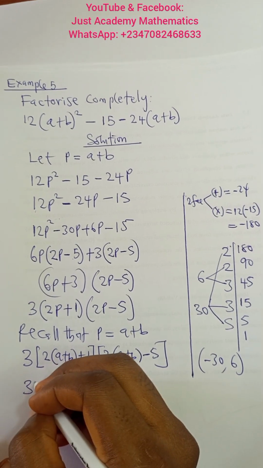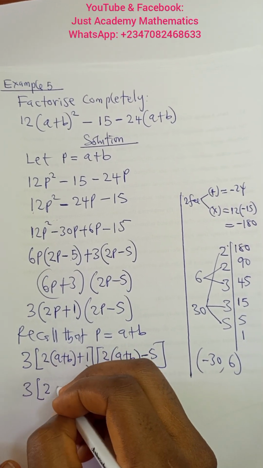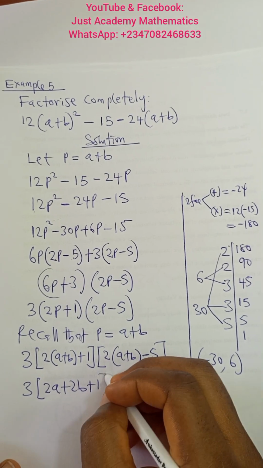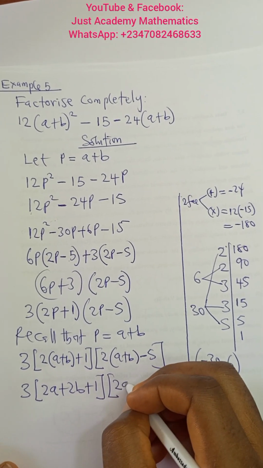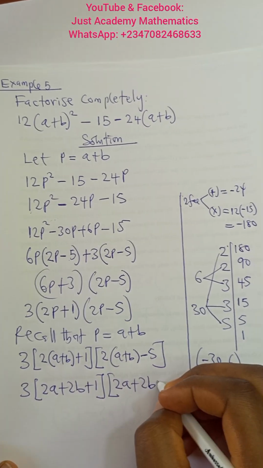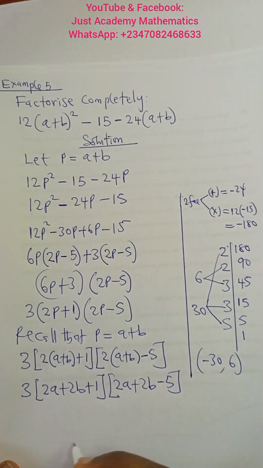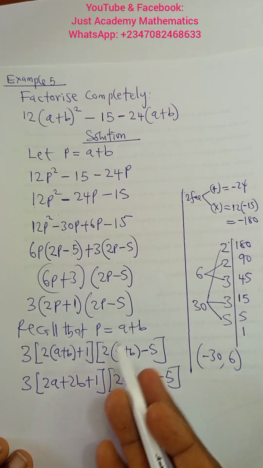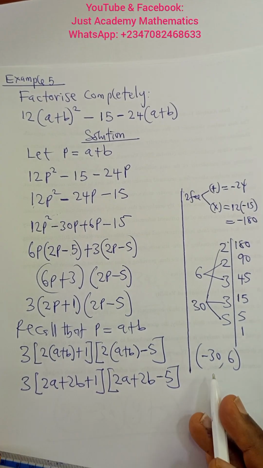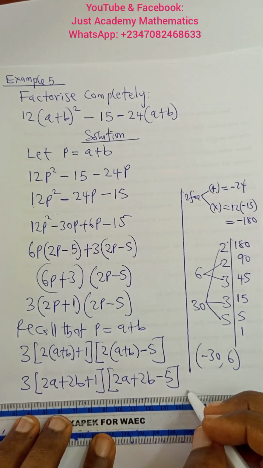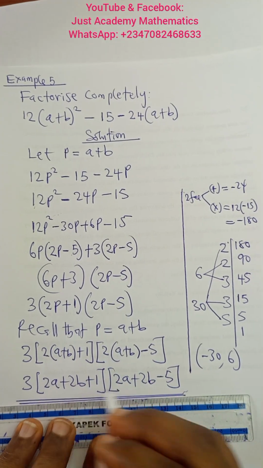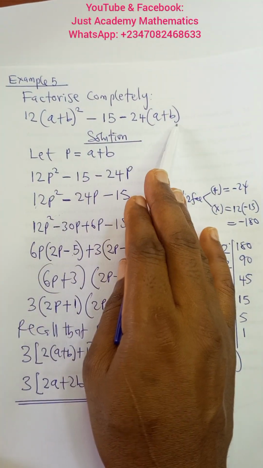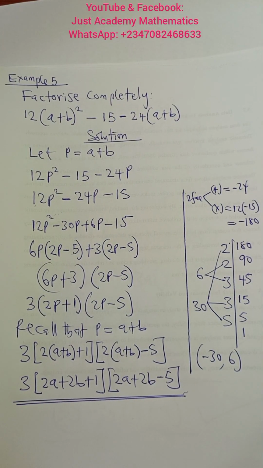We'll get 3 bracket 2a plus 2b plus 1, bracket 2a plus 2b minus 5. So this is the final answer. You can still use the other type of bracket. It's the same thing. So this is the factorization of this. The expansion of this now will give us this back. You get what I'm saying?